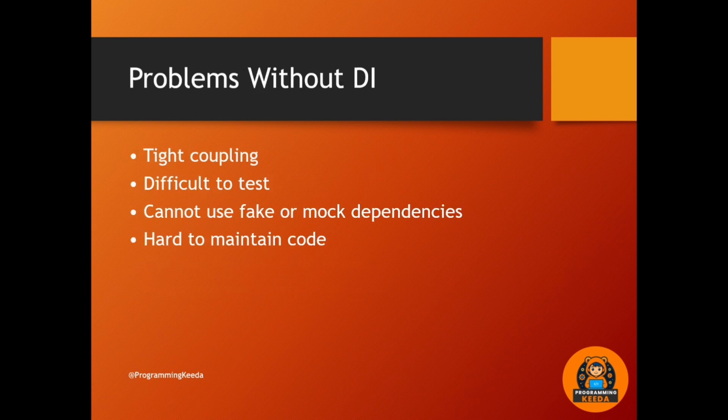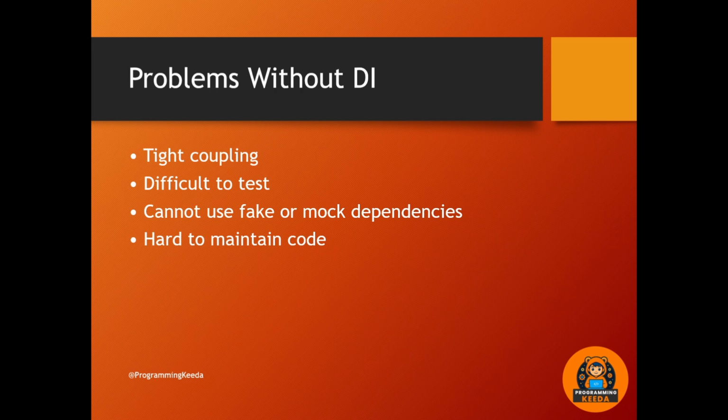Problems without dependency injection. There are several problems when dependency injection is not used. The first problem is tight coupling, where a class is heavily dependent on another specific implementation. The second major issue is that it is difficult to test.